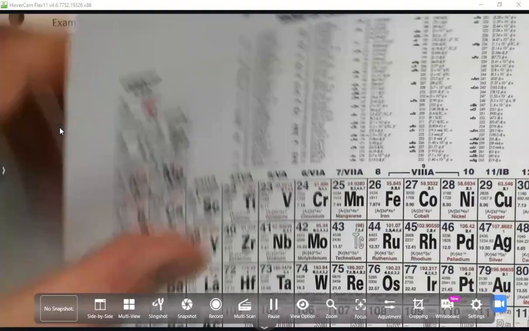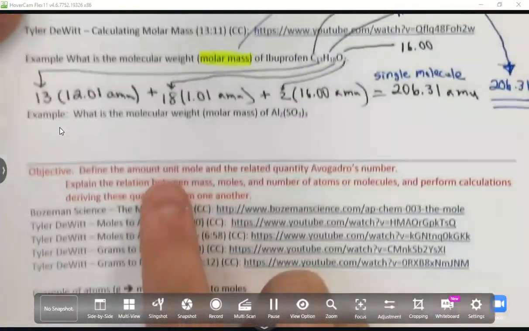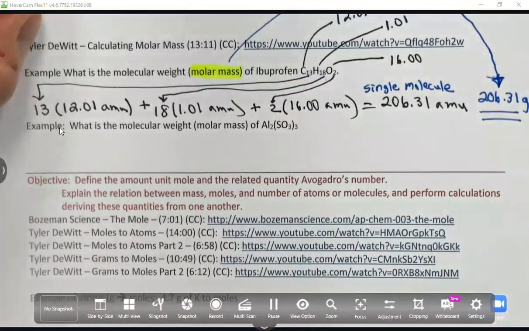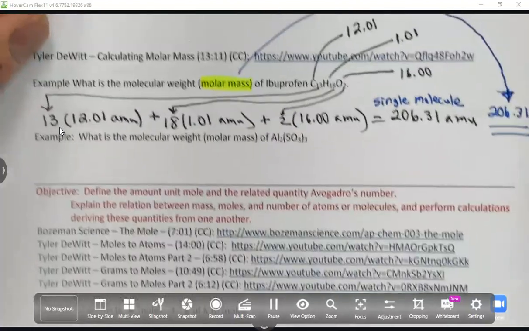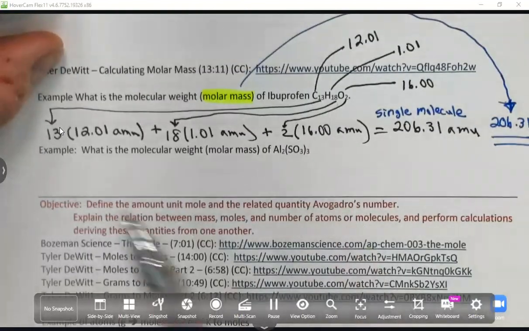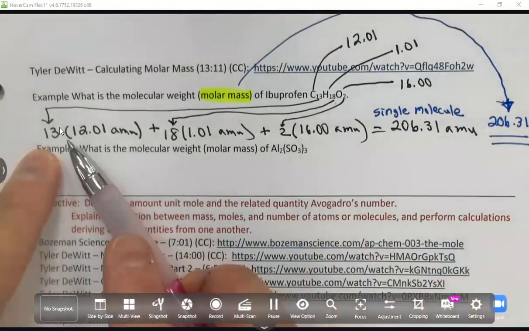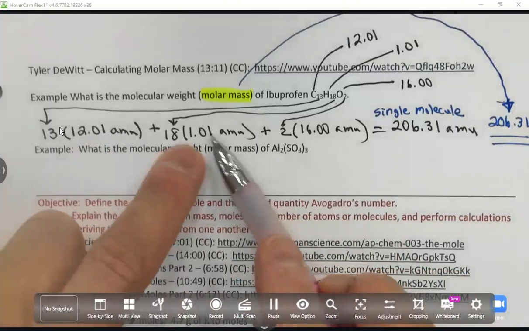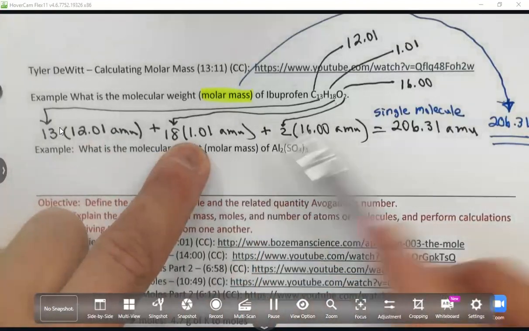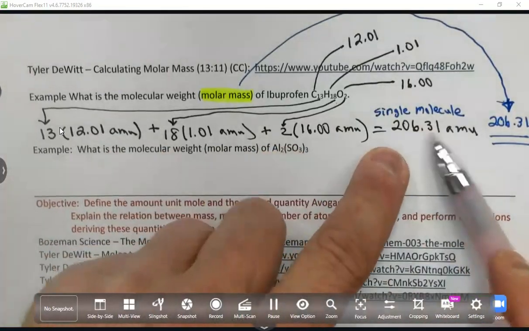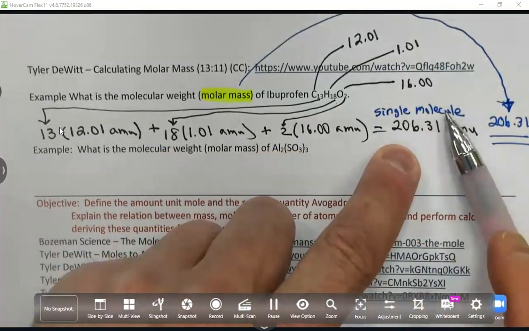So here's where we left off. We said, what is the molar mass of ibuprofen? C13H18O2. And we did the algebraic sum from the periodic table. We have 13 carbons at 12.01 AMU for an individual carbon atom. We have 18 hydrogens at 1.01. And we have 2 oxygens at 16, gets us 206.31 AMU for a single molecule.